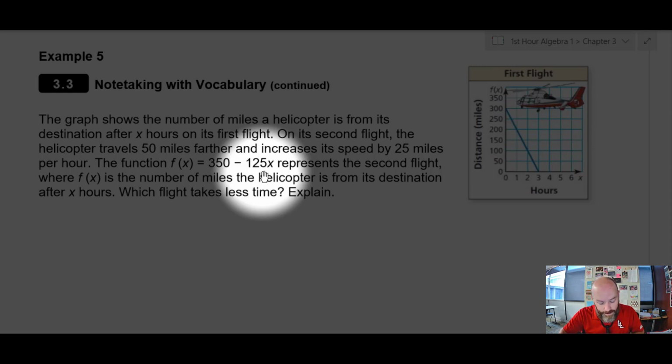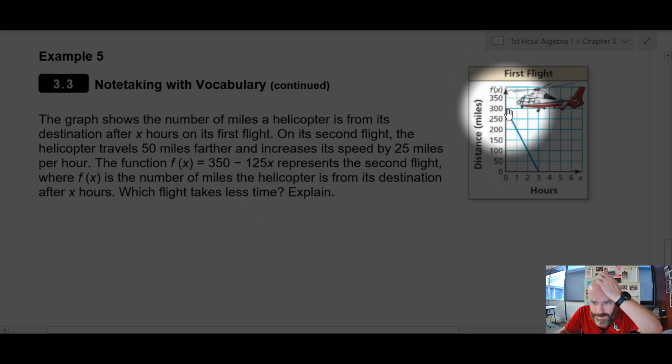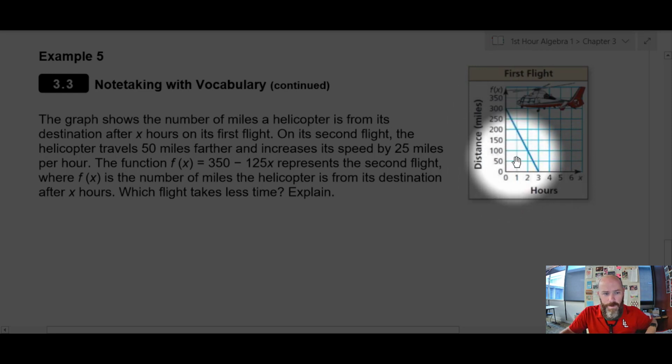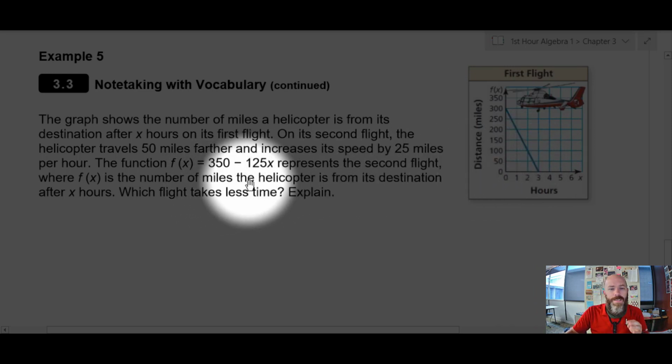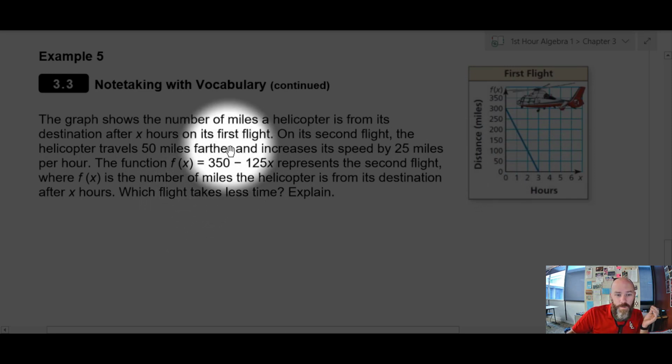And so if we look at this one, there's this graph here, you'll notice at 300 miles after 0 hours, and then this took 3 hours to get to 0. So it took 3 hours. So what I would think here is, if you want to know which one takes less time, we need to know how long it takes for the first one and the second one to get there.